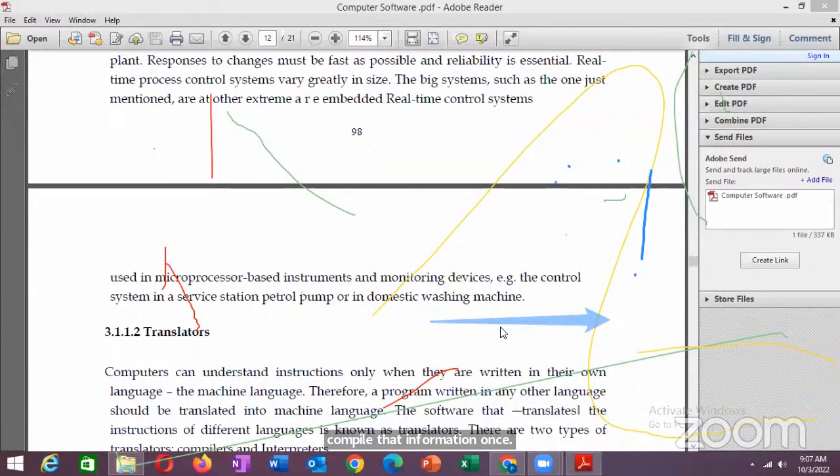Compiler is faster than interpreter. Good. I can see you have a clue of what a compiler and an interpreter are. I can see you have a clue of the differences.